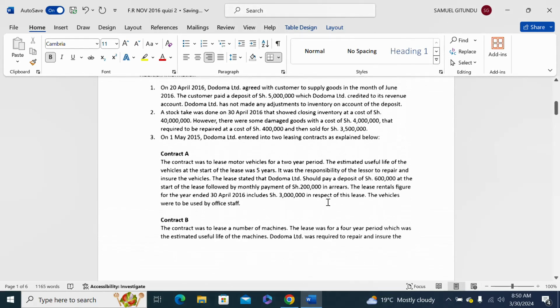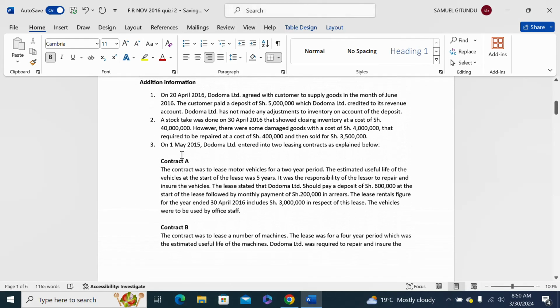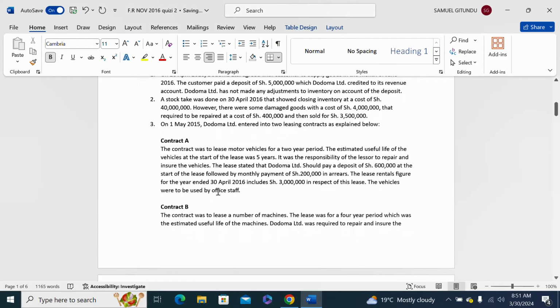Then we go to the additional note number 3. On 1st May 2015, Dodoma Limited entered into 2 leasing contracts as explained below. Let me first clarify about the leases. Currently, that is from January 2019, the leases are being accounted for using International Financial Reporting Standard 16, that is IFRS 16.